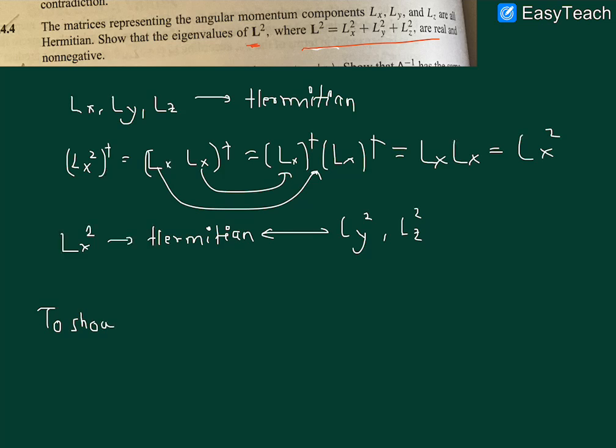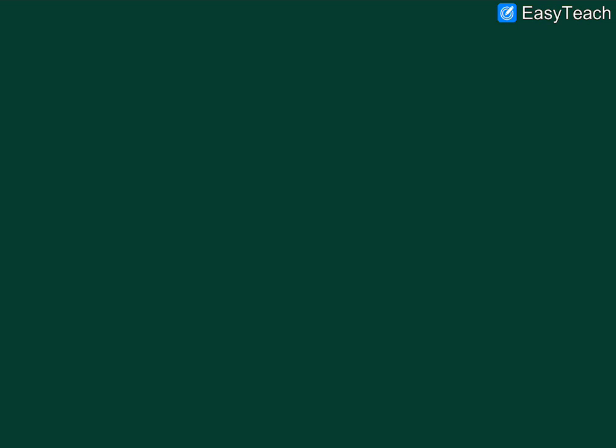So to show eigenvalues of L square are real and positive, for that we will just operate it on some random eigenvector of L square. Okay, so this beta is some kind of vector which is a common eigenvector for Lx, Ly, Lz whole square.